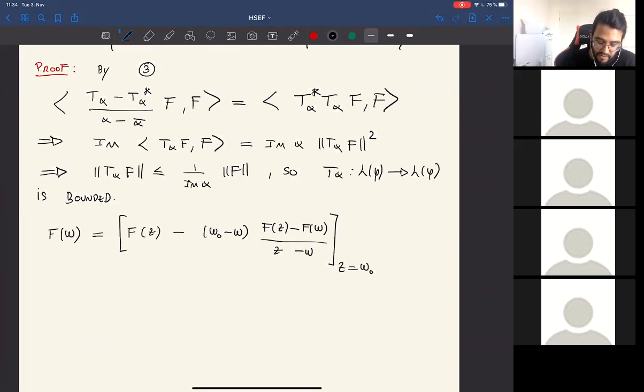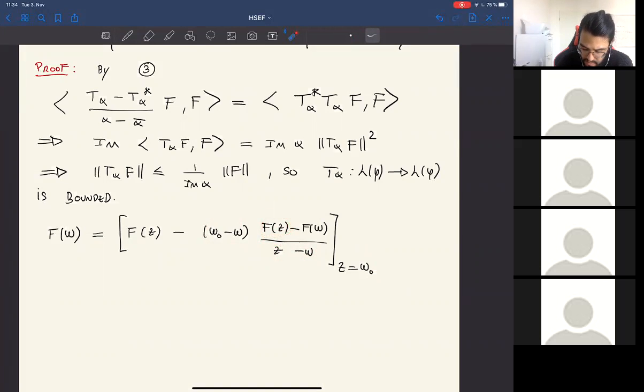So F of W is actually another function, which is this function here inside, evaluated at W naught. Because if you just put Z equals W naught here, then this part here will cancel with this. Then you have F of W naught here.